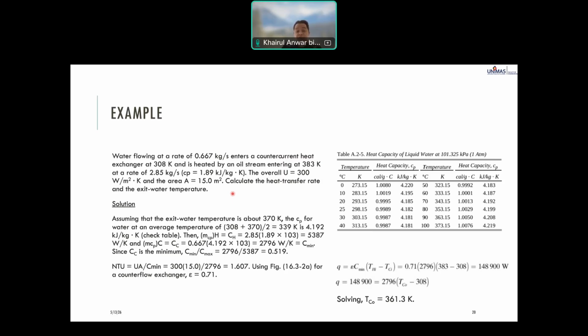Calculate the heat transfer rate and the exit water temperature. So assuming that the exit water temperature is about 370 K, the CP for water at an average temperature of (308 plus 370) over 2 is 339 Kelvin.